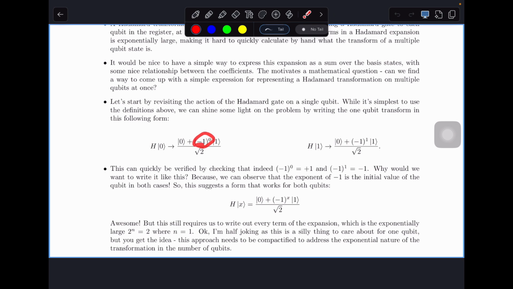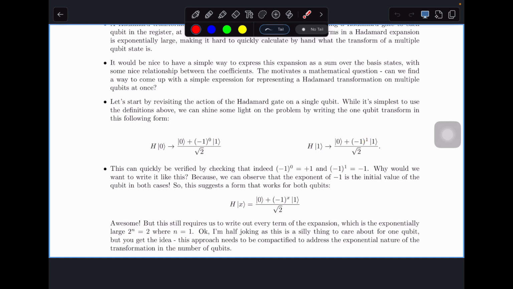Similarly, when we apply a Hadamard gate to the 1 qubit, we get a minus sign, which can be represented as minus 1 to the power of 1. So notice that the exponent of minus 1 in both cases is equal to the value of the input qubit: 0, 0, 1, 1.